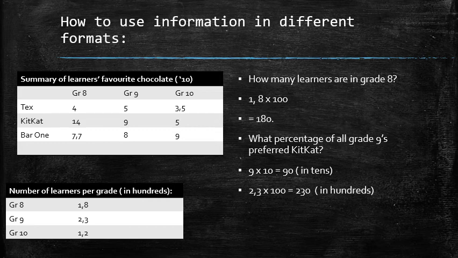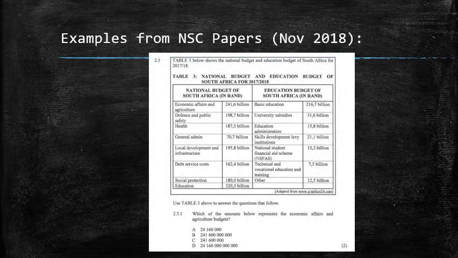And then we take the 2,3 times 100, and that gives me 230 learners in the grade. So therefore it will be 90 of the 230 learners. Multiply with 100 because that's how we calculate a percentage, and that gives us 39,13%.